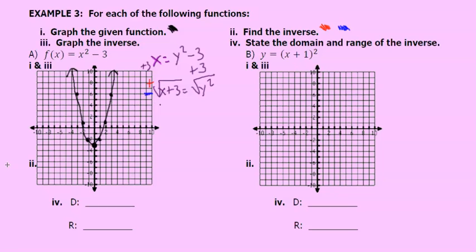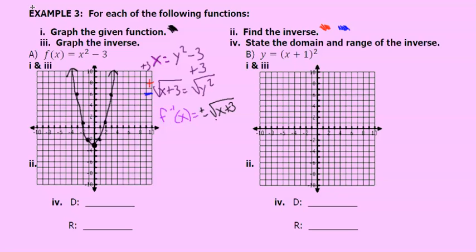So you would have two different possibilities depending on the domain. So then you have y, or f inverse of x equals plus or minus square root of x plus 3.